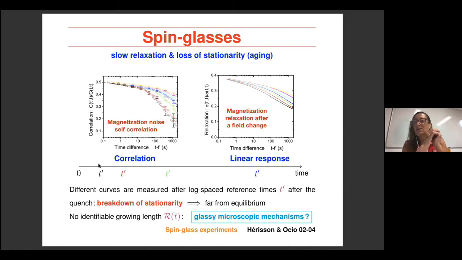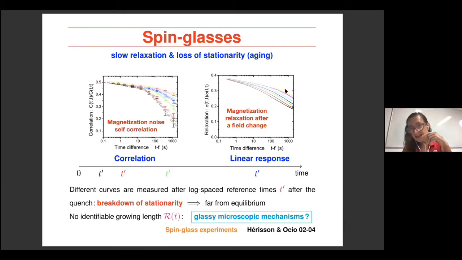These are what are called thermoremanent magnetization experiments, or field-cooled magnetization experiments. And what they do is look at the relaxation of the magnetization after periods of applying this field, which are longer and longer for the curves, again ordered from bottom to top.